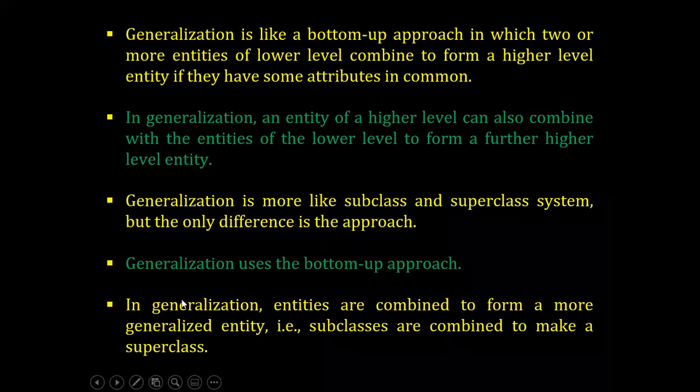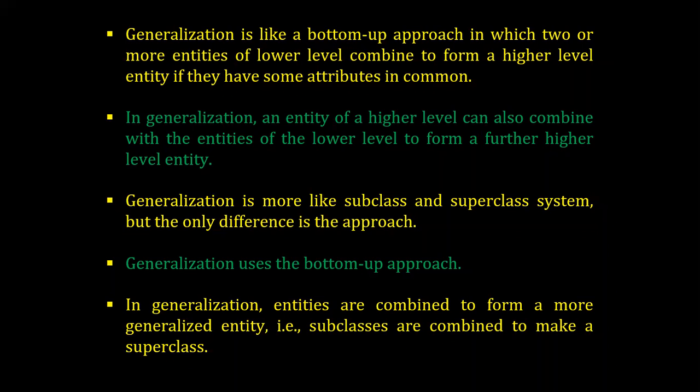Now we'll discuss some other concepts of ER diagram, beginning with generalization. Generalization is a bottom-up approach, where two or more entities at the lower level are combined to form a higher level single entity.